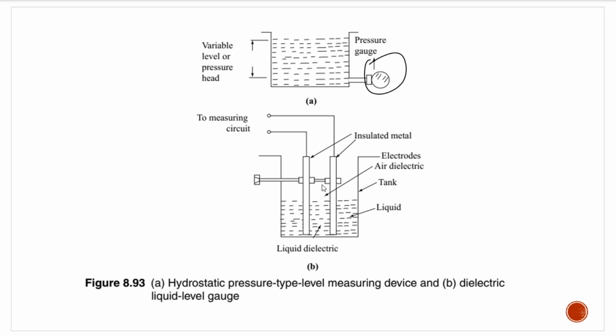Variable capacitance will be used for measurement, and that will give us the rise and fall in this particular device. The electric medium between these two plates will change, and that will change the capacitance, depending on the level of fall or rise in this particular medium.